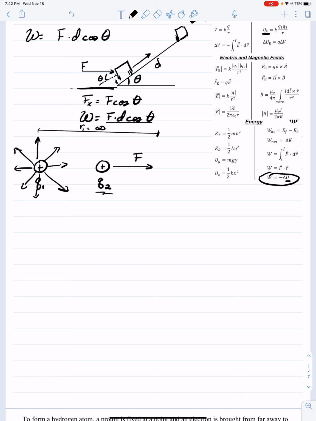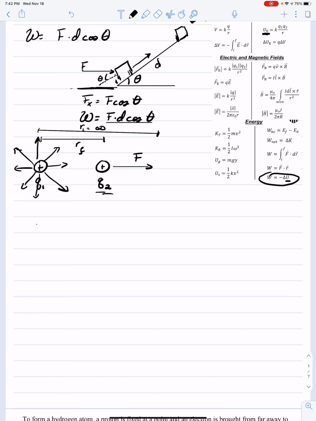And this distance right here, let's call this distance R2 or R final. Let's put it like that. Okay? We are finding out the electric potential energy, so let's do this.